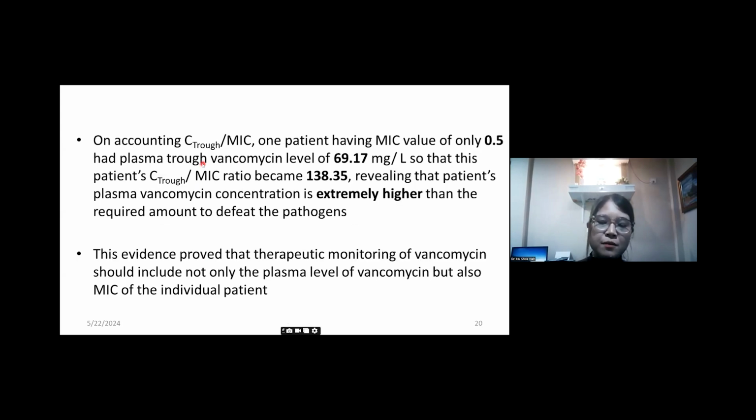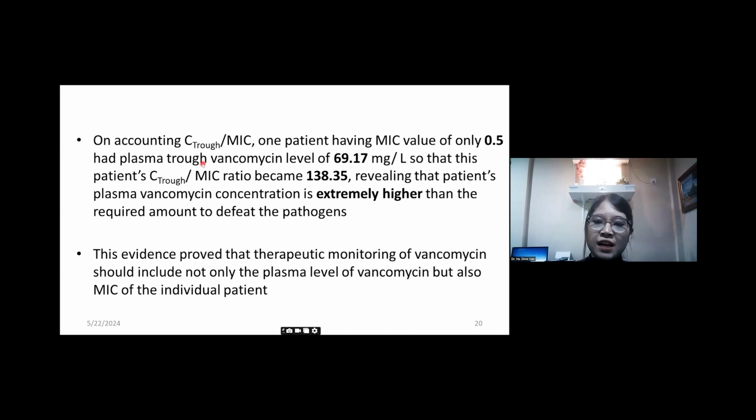On accounting C-trough-MIC ratio, 1 patient having a MIC value of only 0.5 had plasma trough vancomycin level of 69.17 milligram per liter, so that this patient's C-trough-MIC ratio became 138.35, revealing that patient's plasma vancomycin concentration is extremely higher than the required amount to defeat the pathogens.